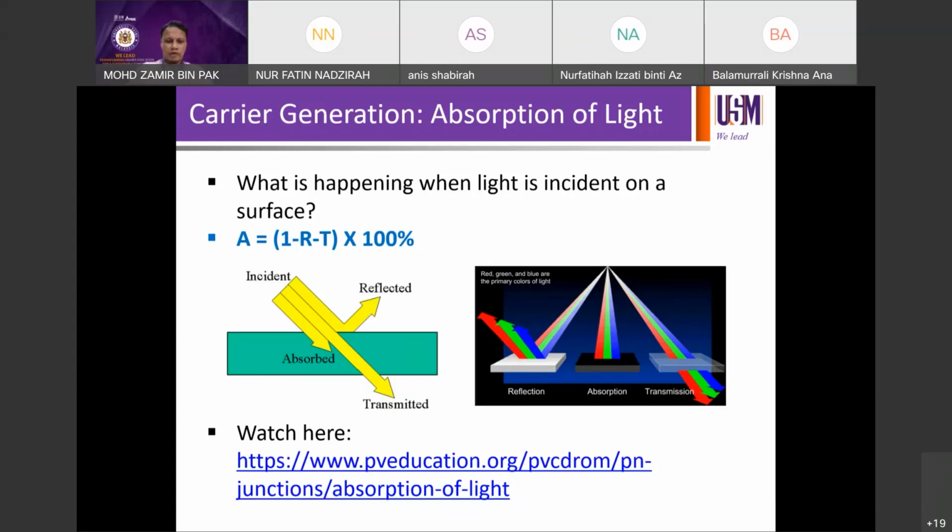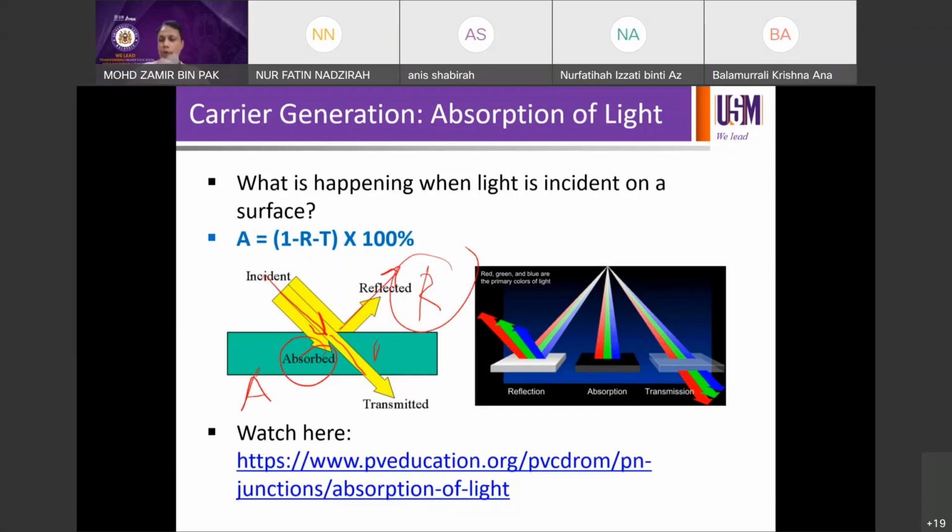So when you have this incident light coming to your silicon, for example, it can also be some other semiconductor materials, the light will either be reflected, you're going to have some reflection, right? Whatever is not reflected will be going into the material. Again, the material can be anything. Some portion of the light will be absorbed.